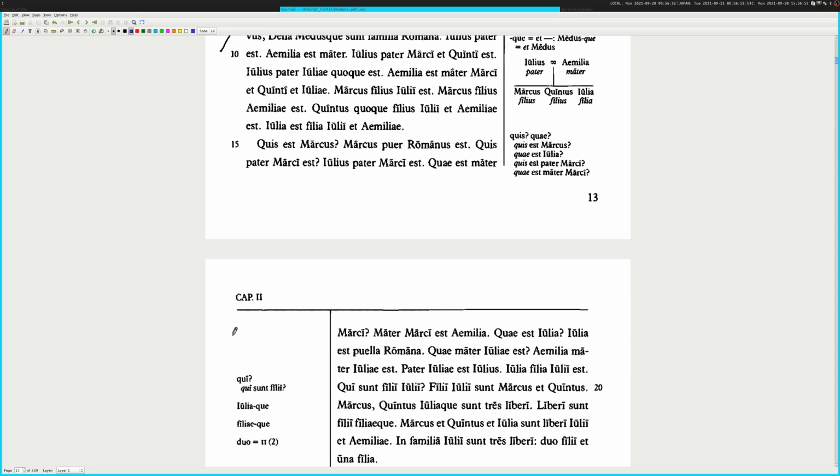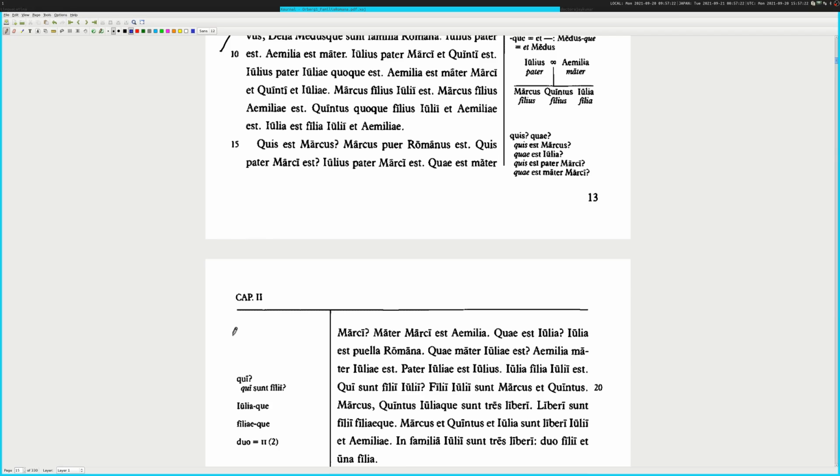Okay. Qui sunt filii Julii? Filii Julii. Okay, who are the sons of Julius? Okay. Filii Julii sunt Marcus et Quintus. Marcus, Quintus, Julia, hi sunt tres liberi. Liberi must mean children.